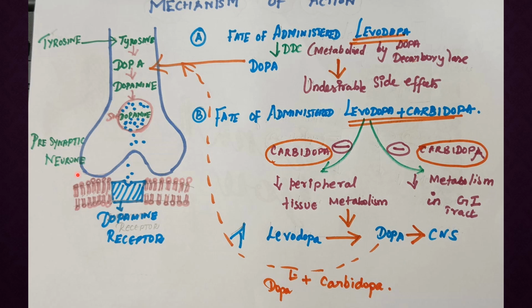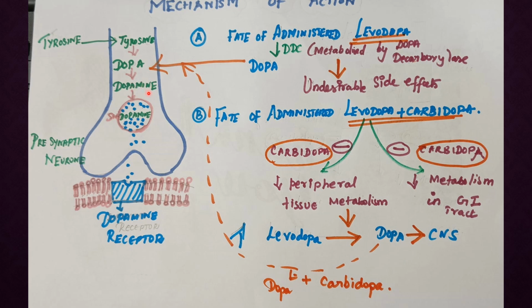In the substantia nigra, this process is occurring. Tyrosine enters into the neuron and is converted to dopa. Then this dopa is converted into dopamine by the dopa decarboxylase enzyme, and this is the neurotransmitter dopamine which is synthesized.